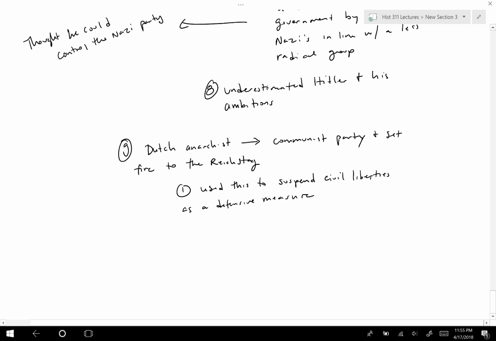And it fit perfectly with the Nazi line that communism was evil, and this act of violence. And he convinced the president to dissolve the Reichstag.